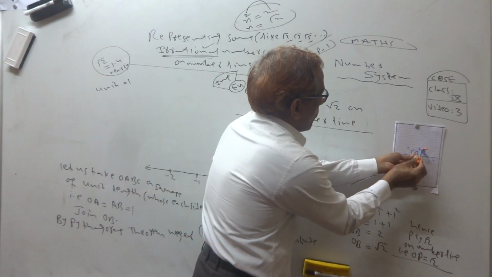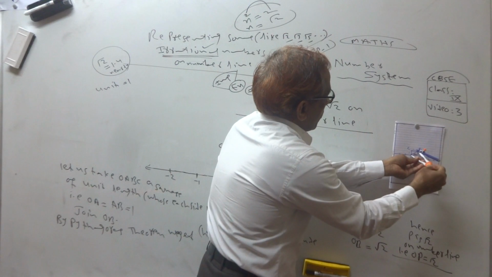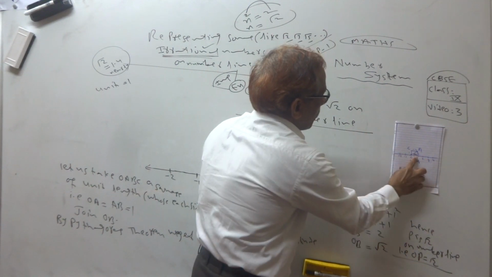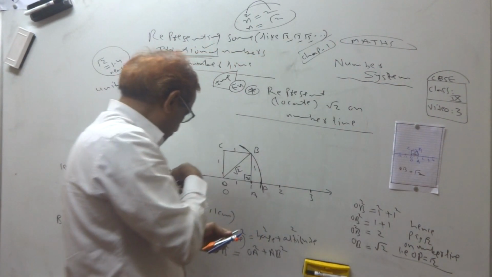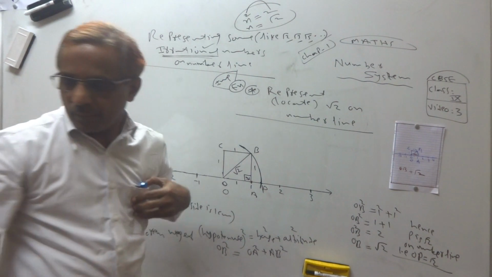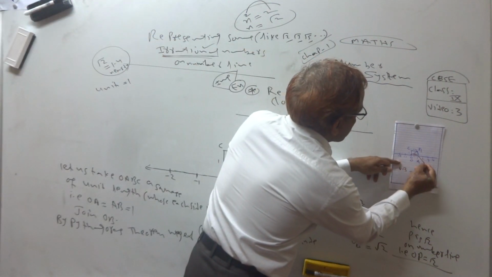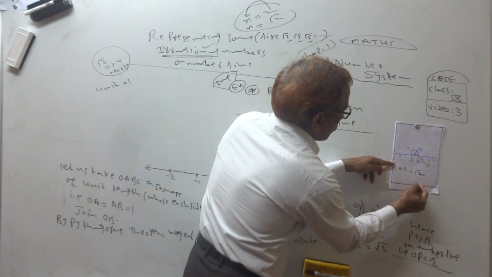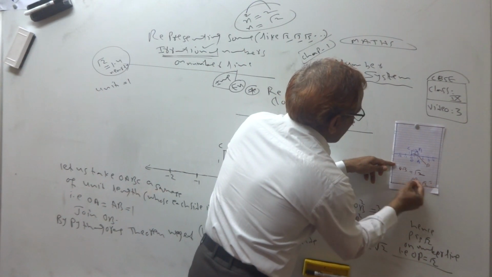You adjust it this way to OB. Then you draw an arc like this. It will come between 1 and 2. Here you name it P. So OP is the value of root 2. OP, or P, is root 2 on the number line.